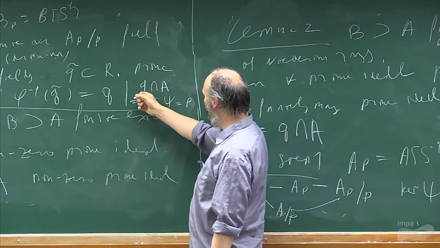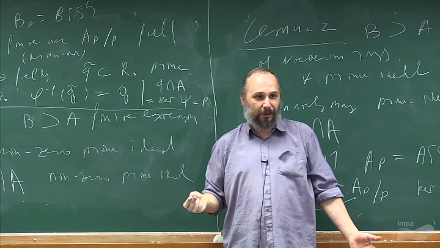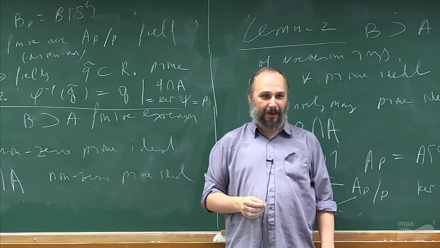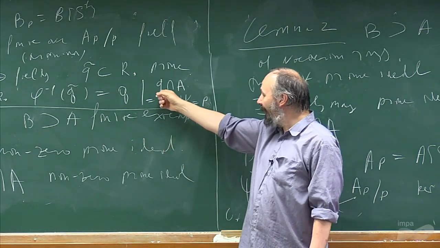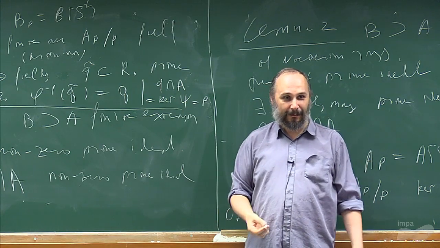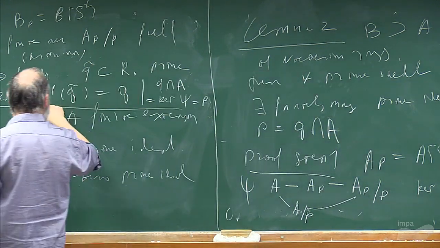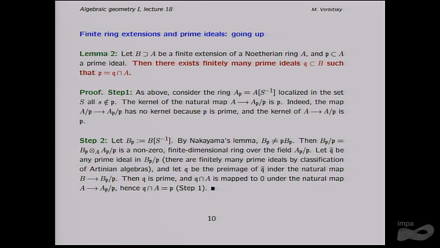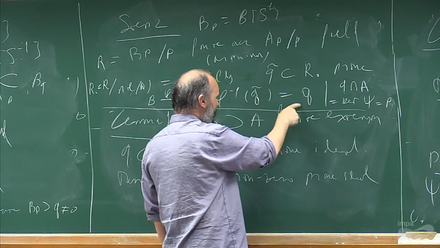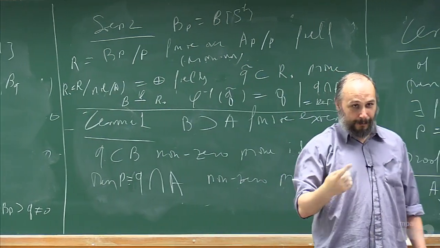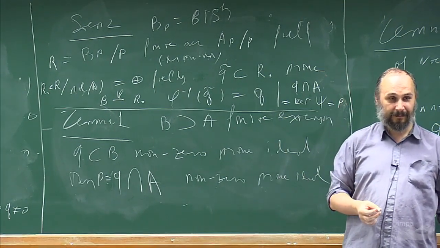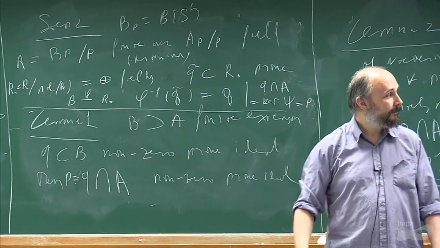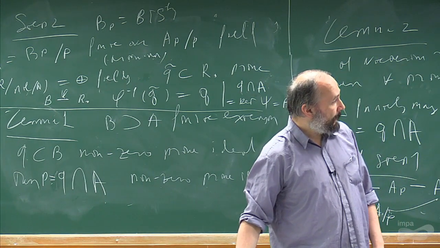The intersection of Q with A is P. It has to intersect with A because it contains P. By construction, it has to contain P, because this is Q tilde in R0, and then you take its preimage, Q. But the preimage of 0 is P. So Q contains P by construction. Okay.